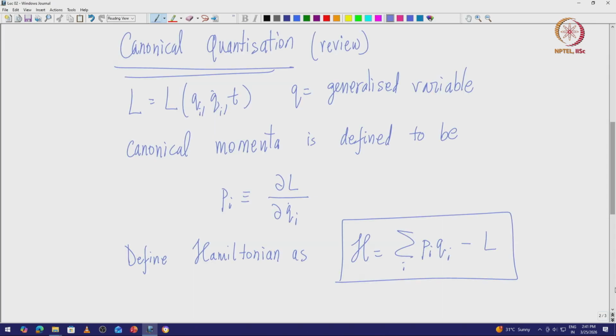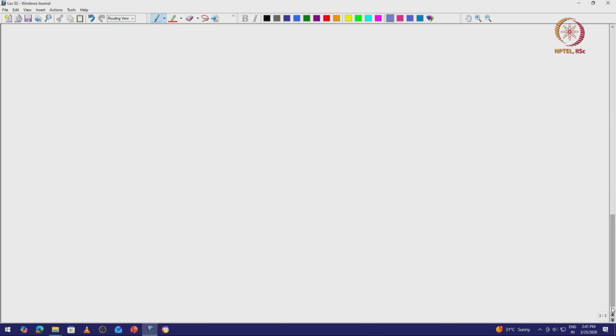You take the conjugate variables q_i and p_i and impose quantization conditions. You are taking the canonical variables, which are the generalized variable and its canonical momenta, and imposing the quantization conditions.